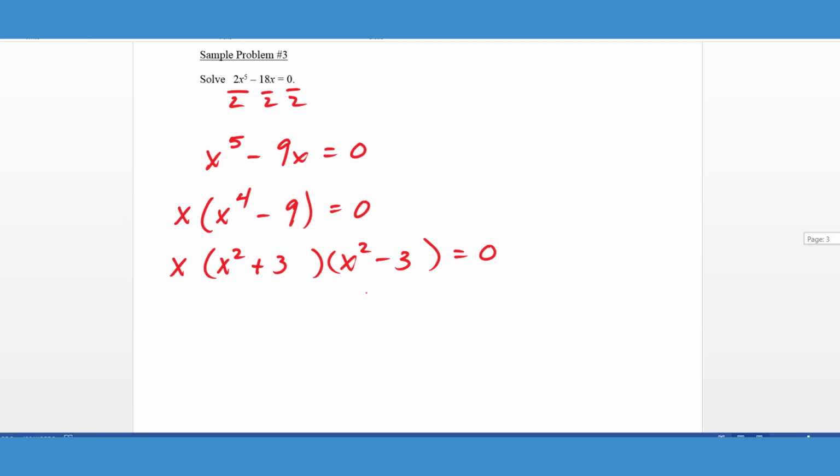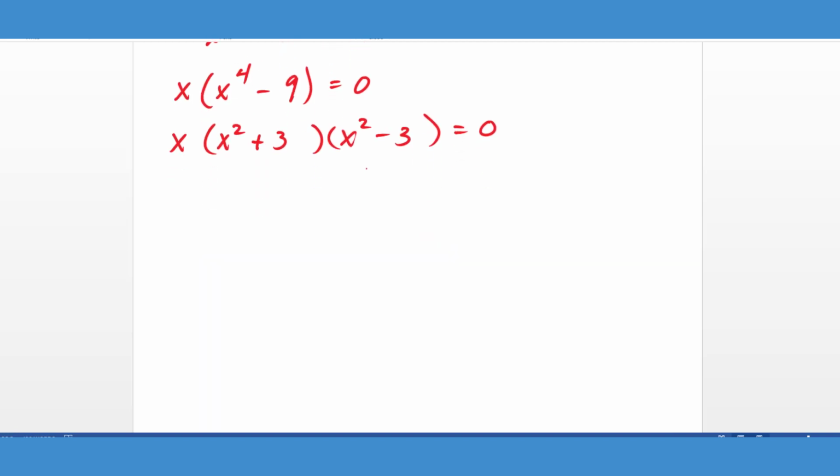Again, we would look for more factoring, but x squared plus 3 and x squared minus 3 cannot be factored. So now that we have 3 parts here, we can separate it using zero product property. So we can say that x equals 0, x squared plus 3 equals 0, x squared minus 3 equals 0. And now you would solve these 2 remaining quadratics just as you did in the prior unit.